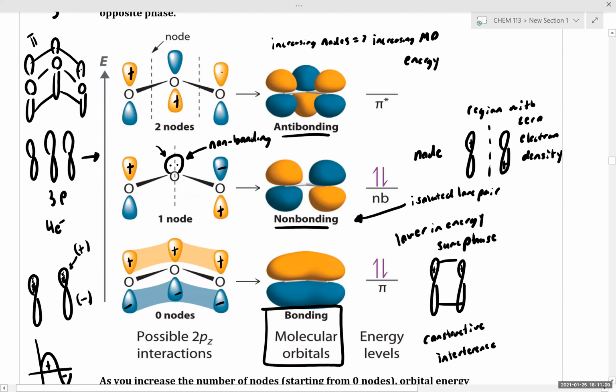So what's the main feature of an antibonding molecular orbital? What do we notice? Do we see overlap between regions of the same phase, or do we see nodes present because we have multiple regions of opposite phase adjacent? So for our antibonding molecular orbital, we have multiple nodes.